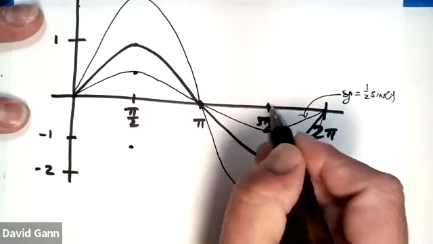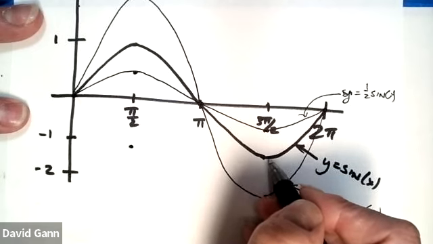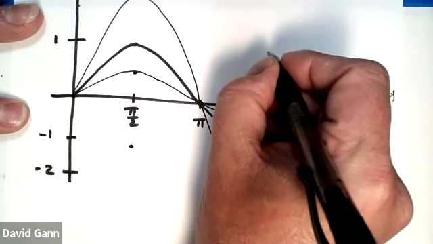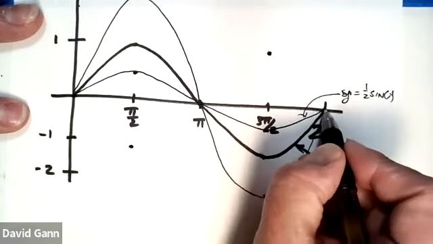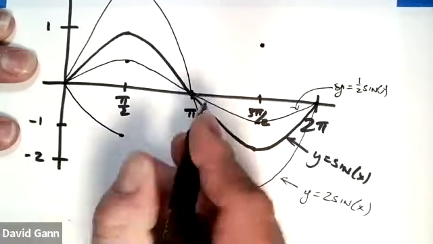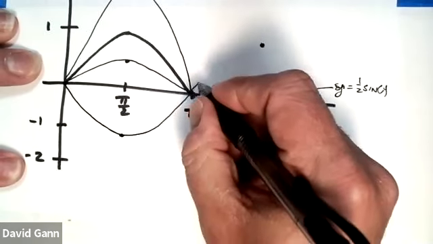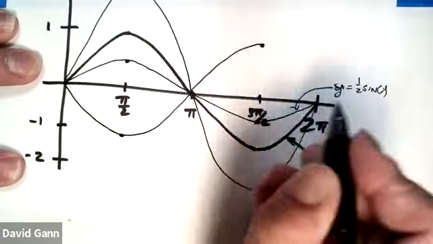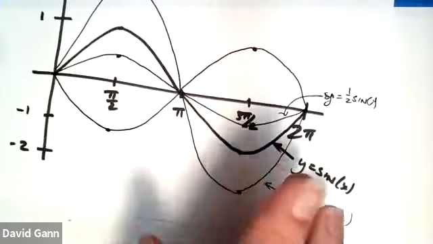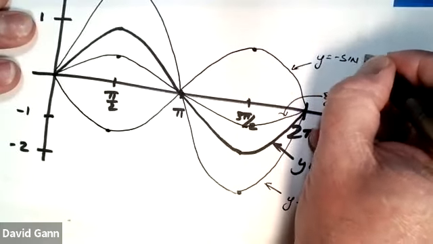And at 3 pi over 2, sine of 3 pi over 2 is negative 1, so negative 1 times negative 1 is actually positive 1. I'm going to put the point up here. And then we're back down there. So we fill in the gaps here. This would be y equals negative sine of x.